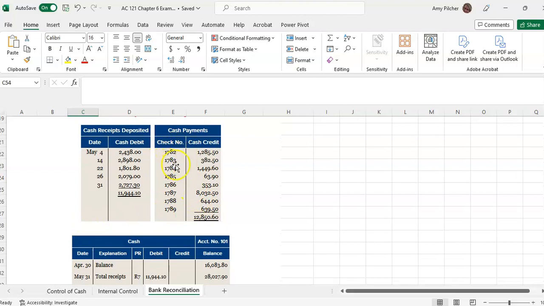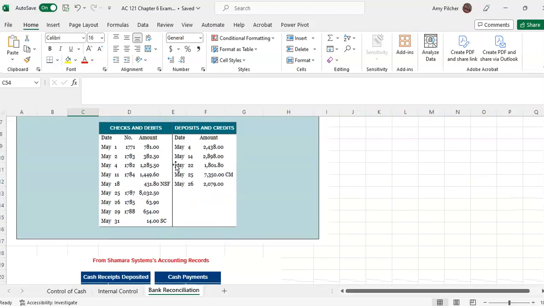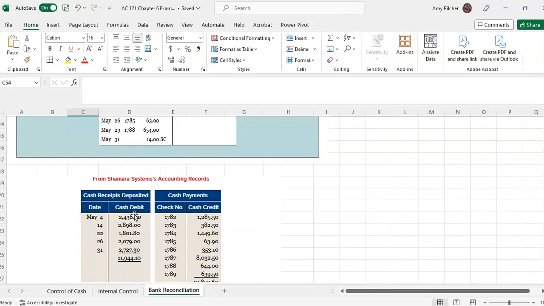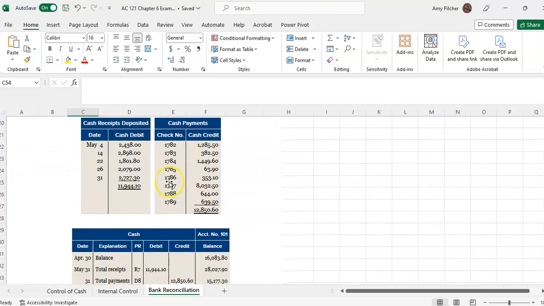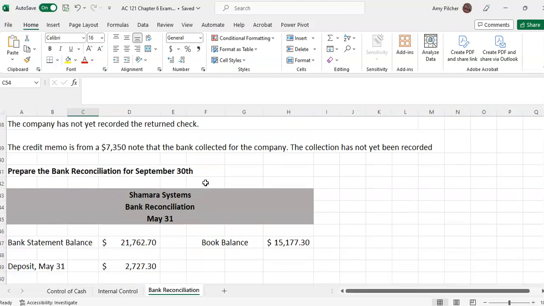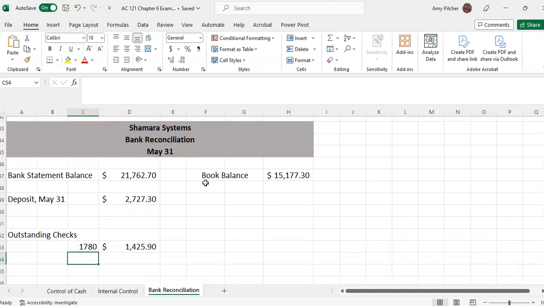So 1782, 1783. Nope, both of those are there. There's 1784, 1785, 1787. We can see that 1786 is not here. So we know that 1786 is outstanding, 1786 for $353.10.